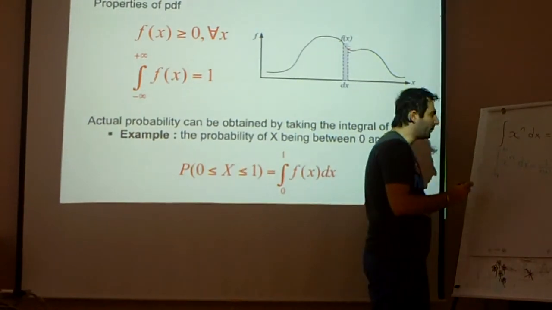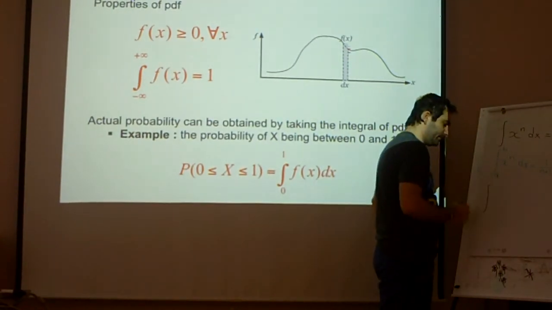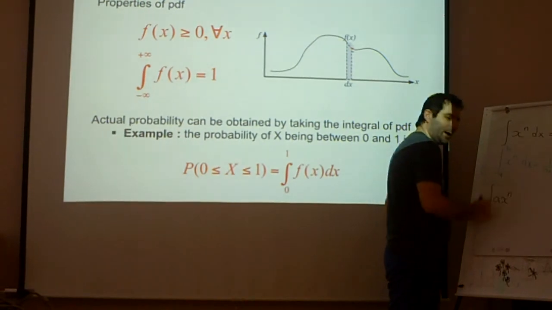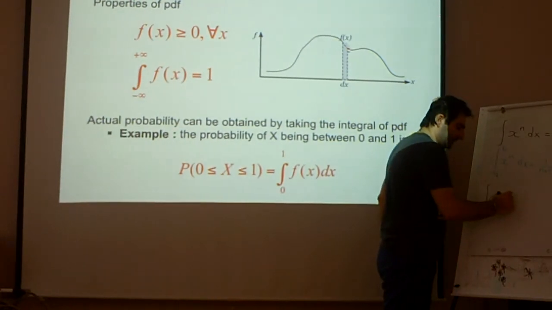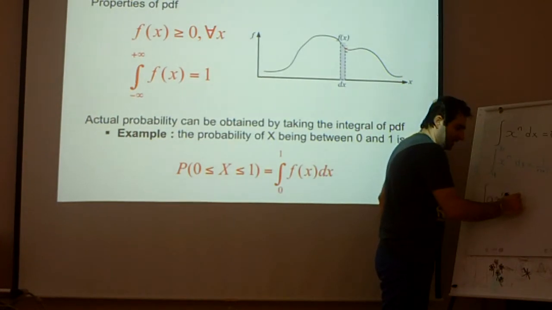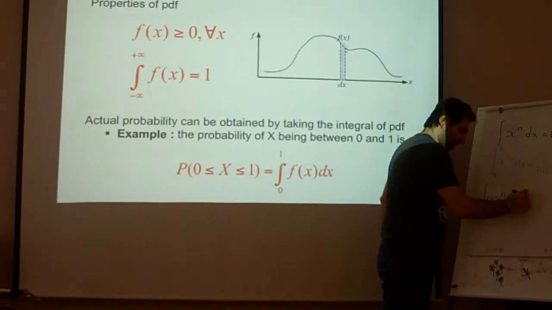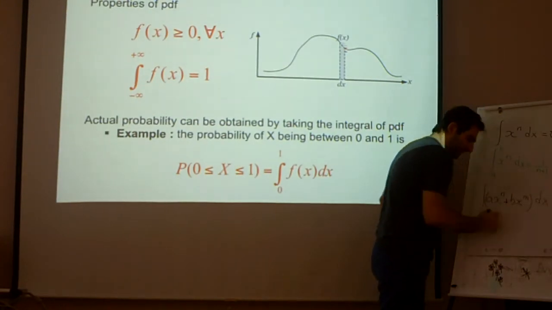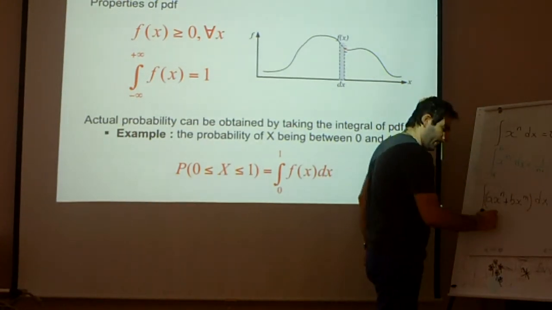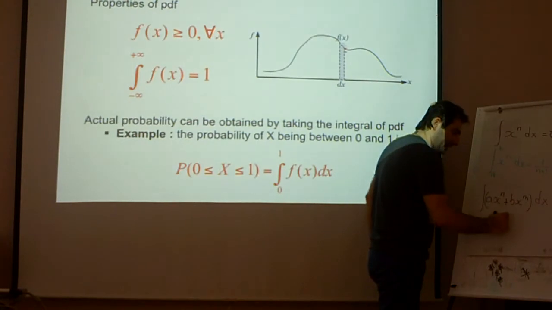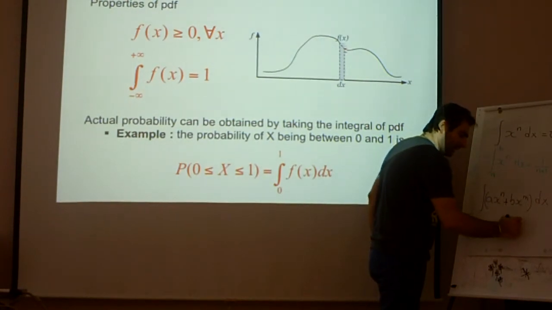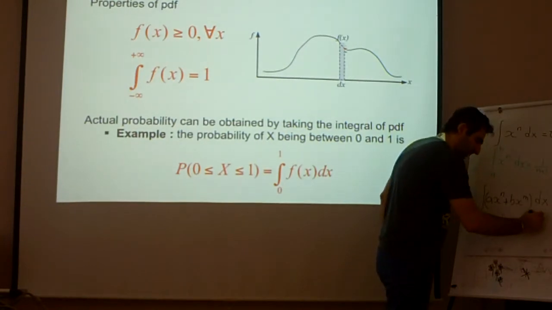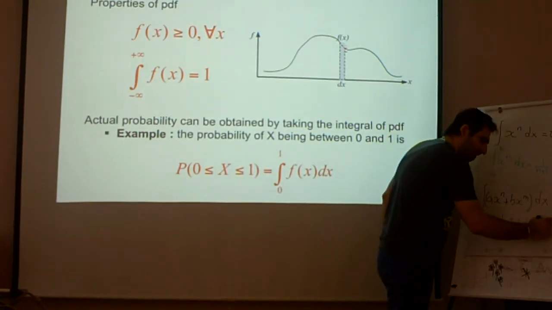Now, another formula that you have to remember is this: the integral of a x to the power n plus b x to the power n, dx, is equal to a times the integral of x to the power n dx plus b times the integral of x to the power n dx.